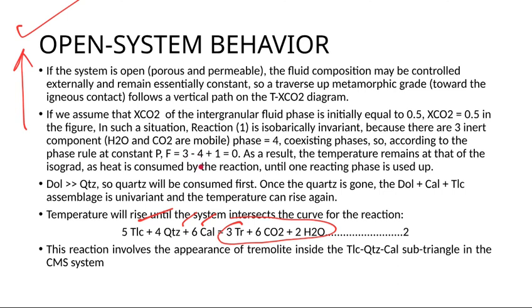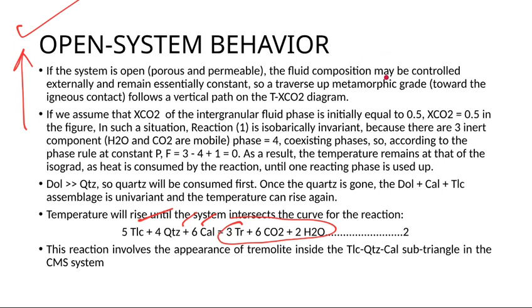Here the phase rule works. How does the phase rule work? If you are considering this open system, CO2 and H2O are mobile, so we do not consider the mobile constituents as phases.